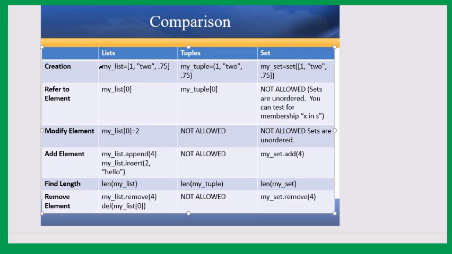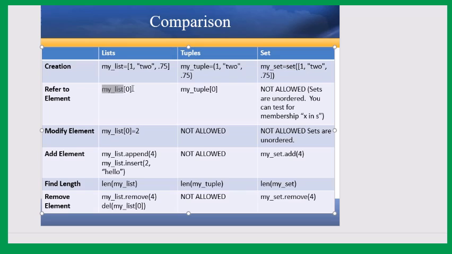If I'm creating a list, I do it with square brackets. Creating a tuple, I do it with parentheses. Creating a set, you have to actually use the word set and then parentheses and square brackets. So we could create a tuple, a set, and a list all with 3 items, and the 3 items are 1, 2, and 0.75.